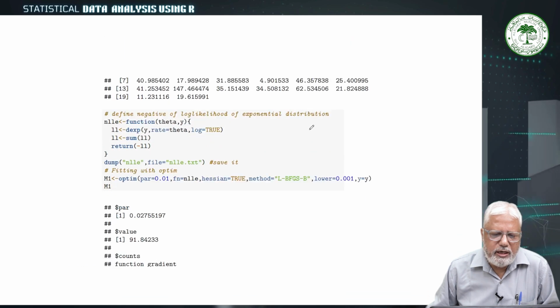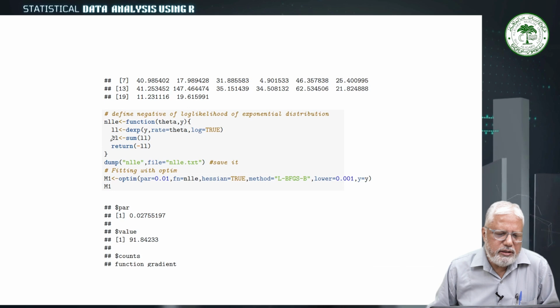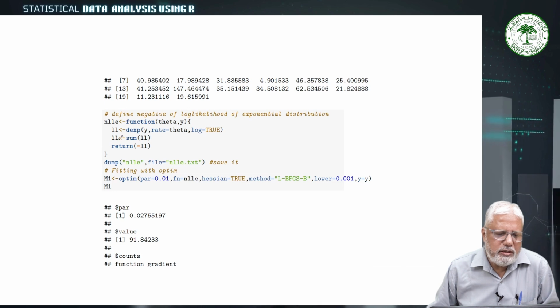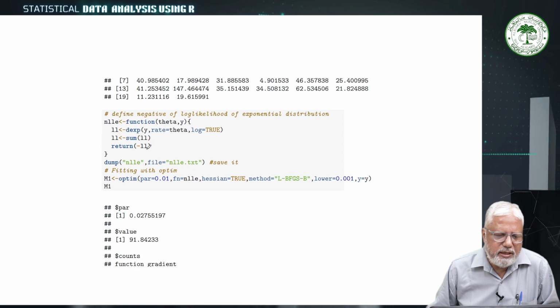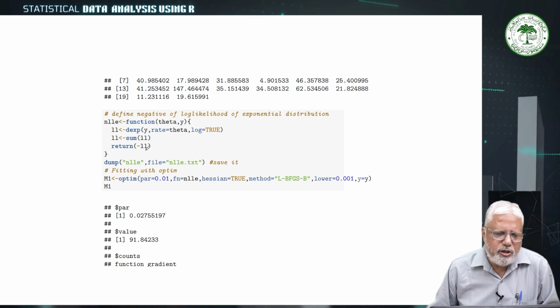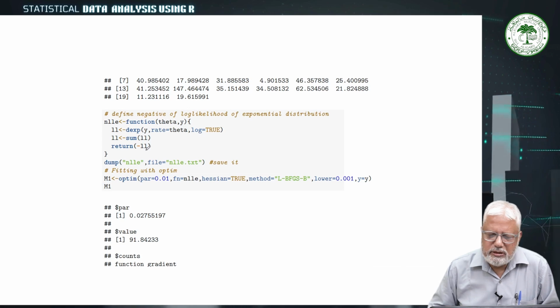Then it will be a vector, and then we write LL equal to sum(LL) and then return minus LL. We return minus LL because we want the negative value of the likelihood function to be returned.